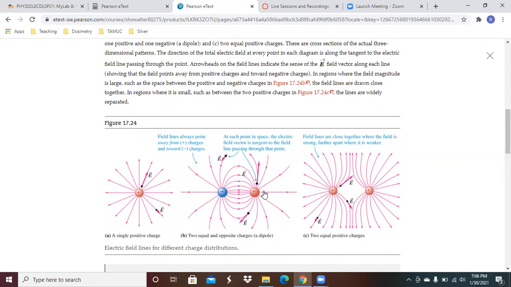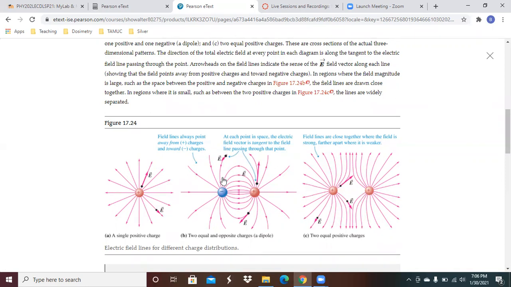At each point in space, the electric field vector is going to be tangent to the field line passing through that point. So you can see a point on the field line here, and you can see the electric field vector pointing this way. That field vector is going to be describing something along the lines of acceleration of a particle in that field. So try not to get confused with that. It can be misleading, but that's what it's trying to point to.